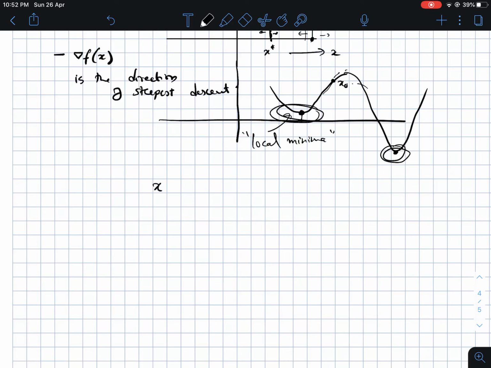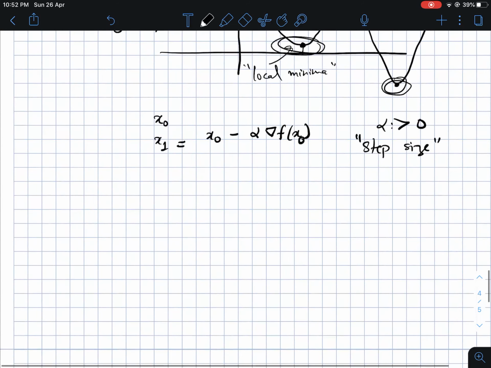So let's formalize. I start with x0, then I define x1 to be obtained by starting at x0 and moving a small amount in the direction of the negative gradient, right? So this alpha is roughly the amount I am choosing to move in the direction of the negative gradient, right? This gradient is computed at x0, by the way. Okay, so this alpha is basically a positive parameter. It's a step size, right? So how much step I am taking in the direction of the gradient.